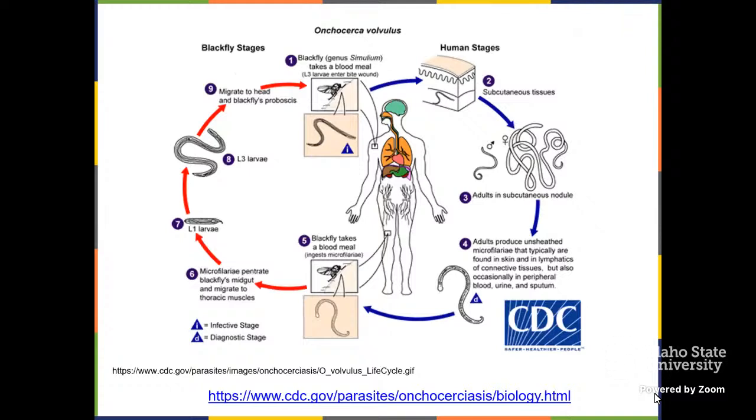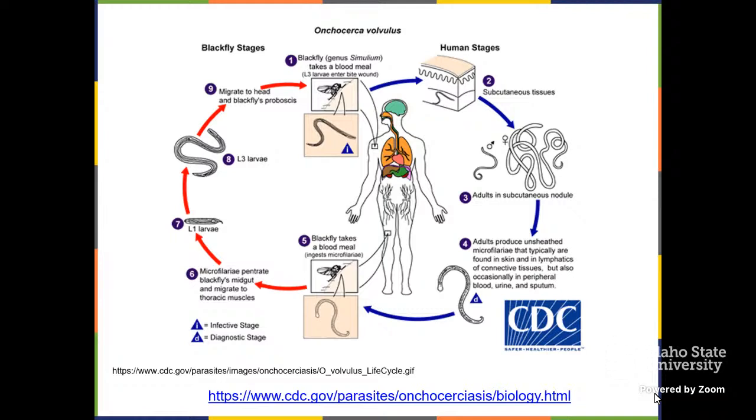This one, not in the chapter, but it made me stop and wonder, what the heck? How can you talk about Loa loa, the eye worm, and not talk about river blindness in the same chapter? Come on, right? Onchocerca volvulus is a crazy parasite. It's another nematode or roundworm. It's transmitted by a different fly, a black fly.